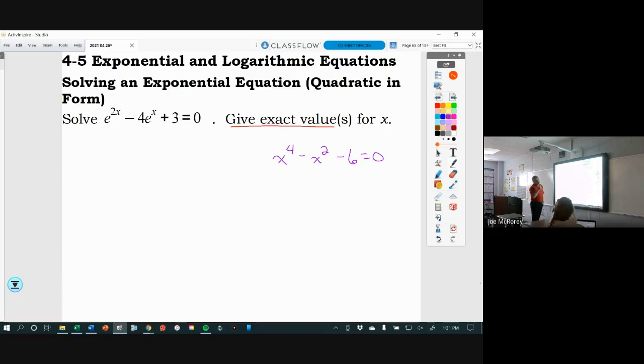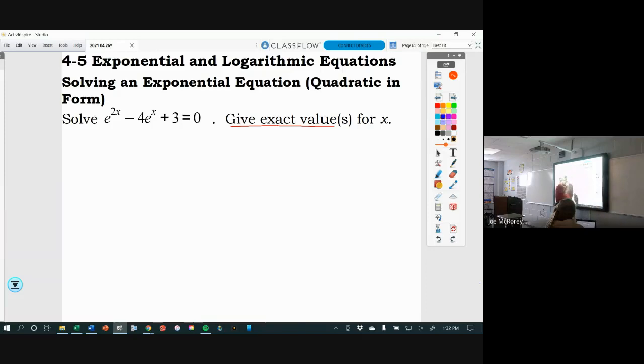The relationship we're looking for is that your first exponent, your degree, is twice the middle term. Then we can write it in quadratic form. Is 2x twice x? Yes. So because this is true, we're going to rewrite this as a quadratic.